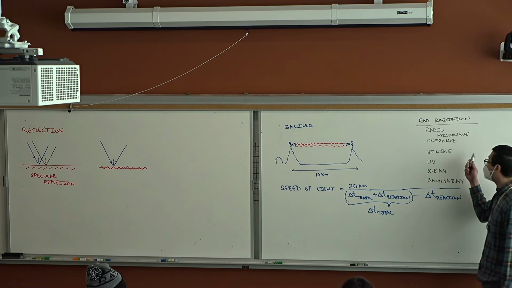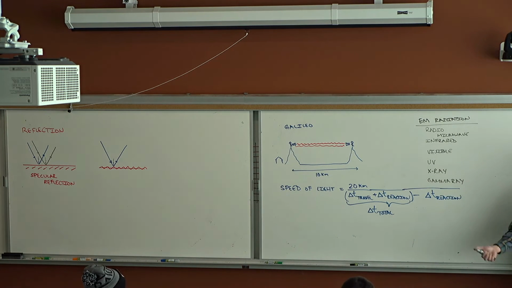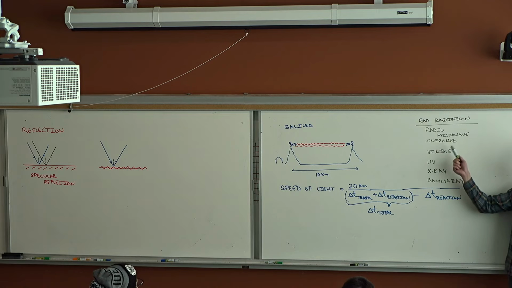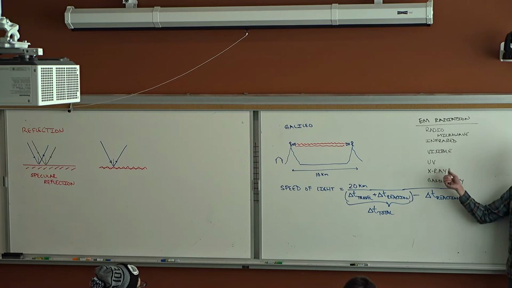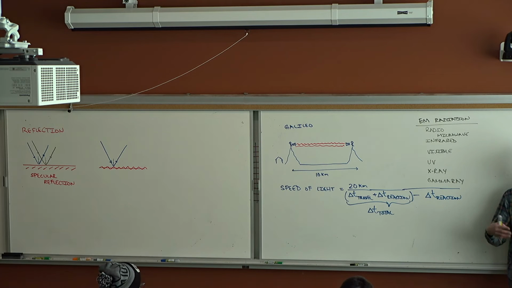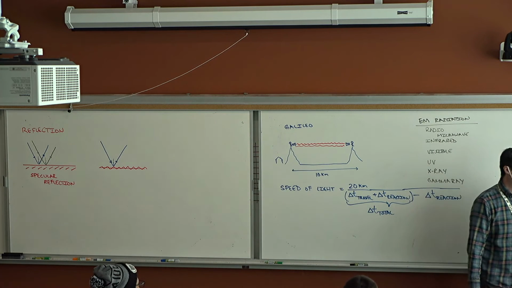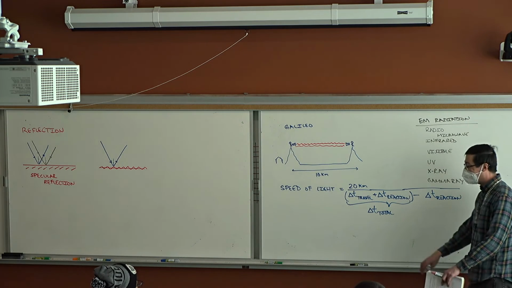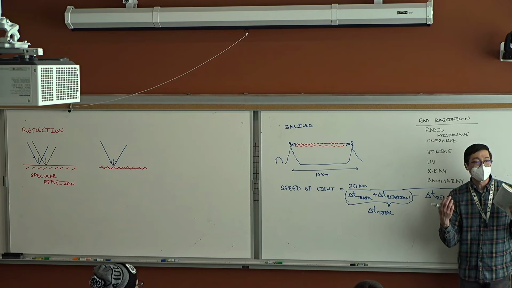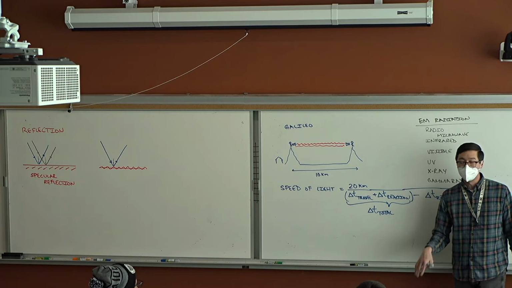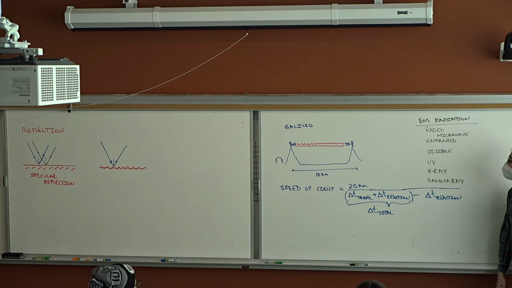There are the visible colors: red, orange, yellow, green, blue, violet, right? Near and far infrared. If you wear sunscreen, you guys are young, there's still hope for you. Sunscreen, moisturizer. You don't want to look like this.